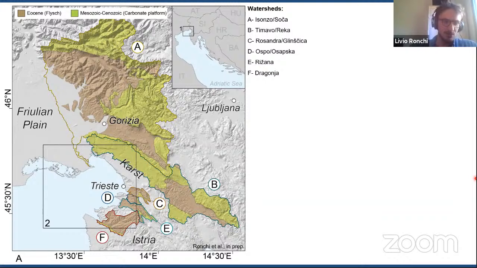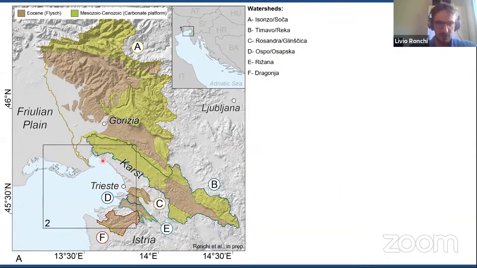The thing that I want you to notice is that we have 2 main lithologies in the area. The brown one is flysch, so it is prone to the production of sediments, and the green one is mainly carbonates. This means that most of the processes going on in these areas are dissolution and karstic processes.